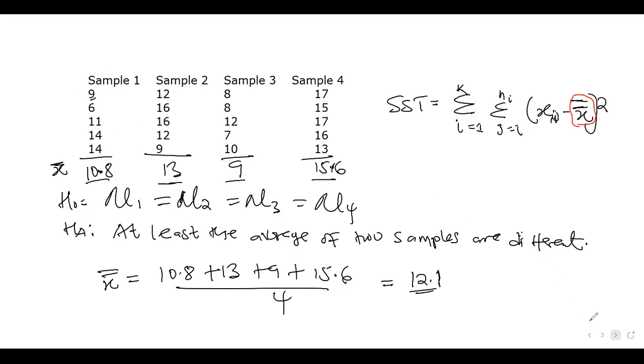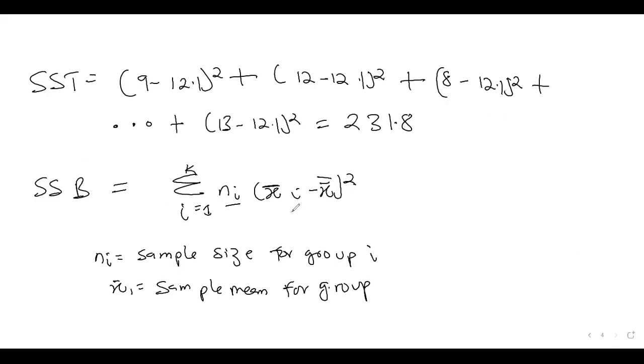So in our formula, sample size of each group into bracket, the mean of that group minus the grand mean. So here, the sum of squared between is going to be equal to the first group, the sample size is 5 into brackets, the mean of that group is 10.8 minus the grand mean of 12.1 squared, plus 5 into brackets. The sample size of the second group was 5. The mean of the second group was 13 minus 12.1, the grand mean, squared.